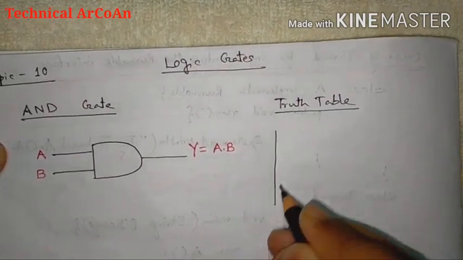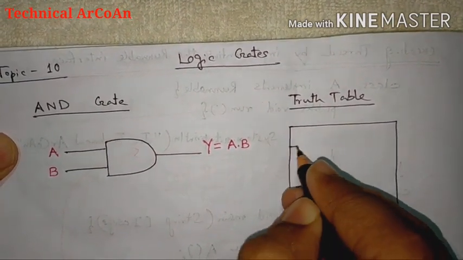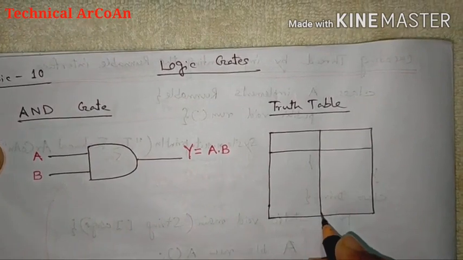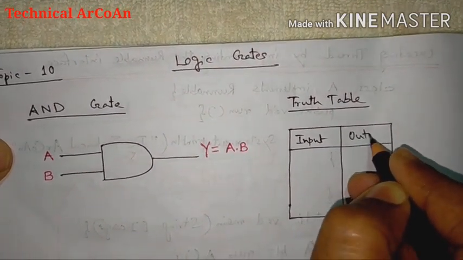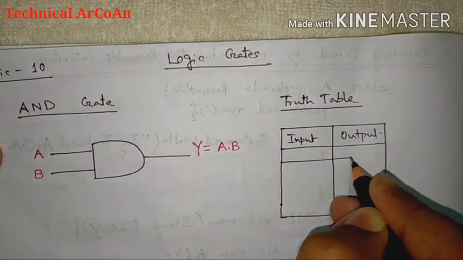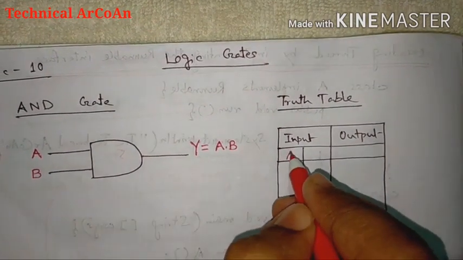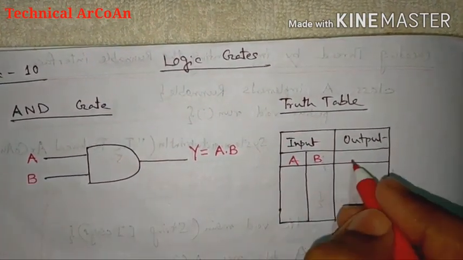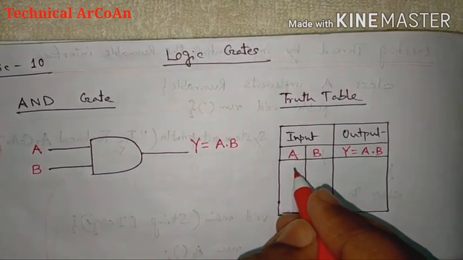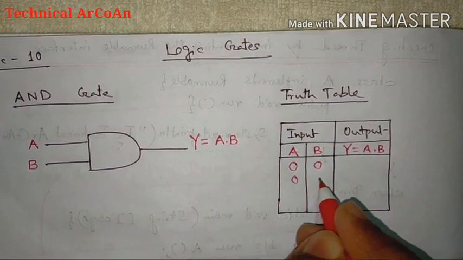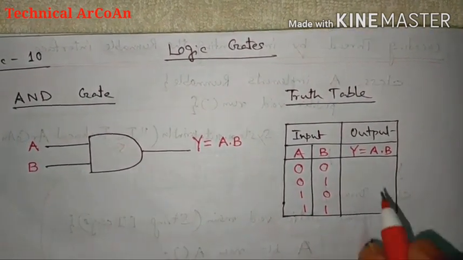Here I draw the table for the AND gate. I divide it into two parts, one for input and another for output. We take two inputs, A and B, and the result is A into B. Now you put the values: 0 0, 0 1, 1 0 and 1 1, the combinations for two inputs.